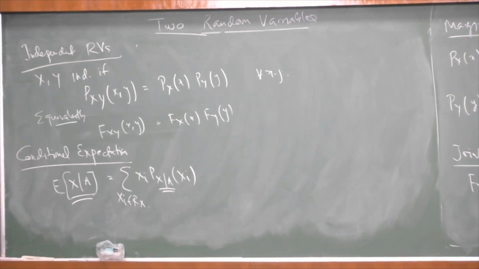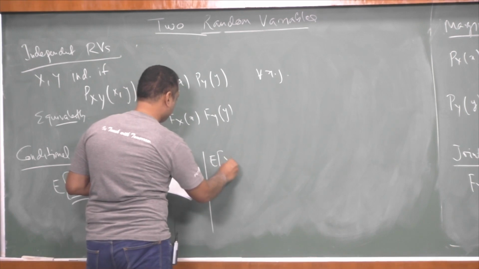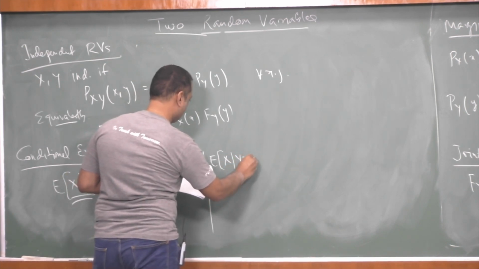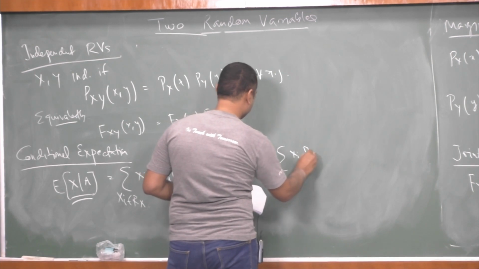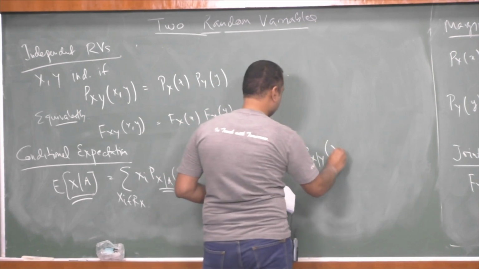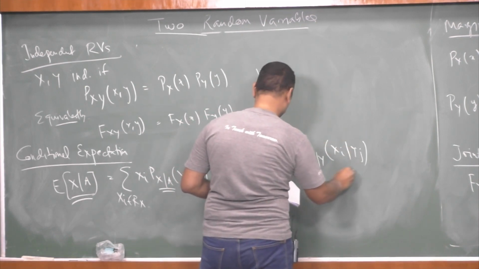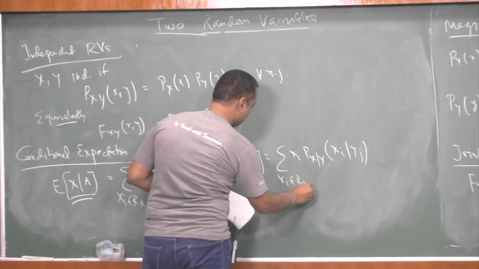Then we can also do the same thing by using the random variable notation. The expectation of x given y equals yj is the sum of xi times p of x given y, at xi and yj, where xi is in the range of x.